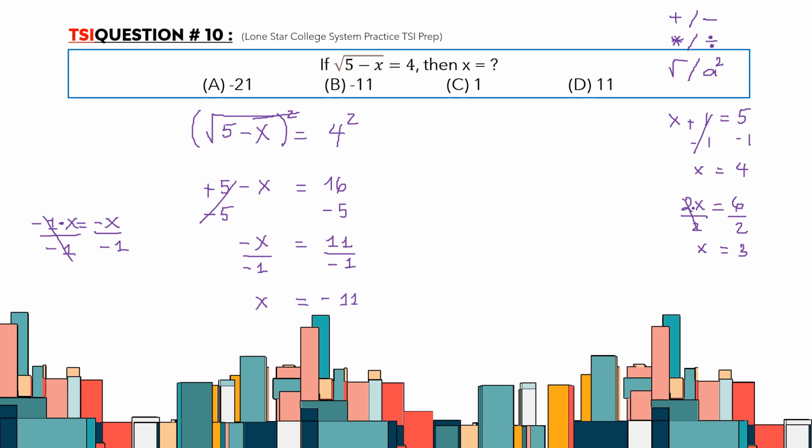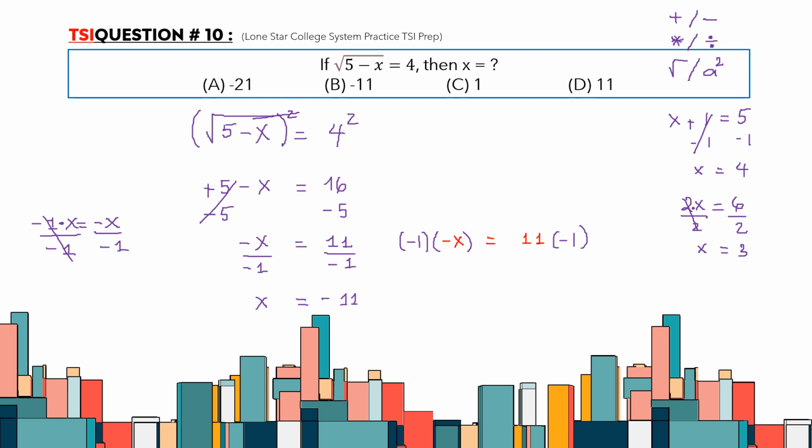Of course, in this case, when we have negative x equals 11, we can also multiply both sides by negative 1, because we want the positive x, not negative x.